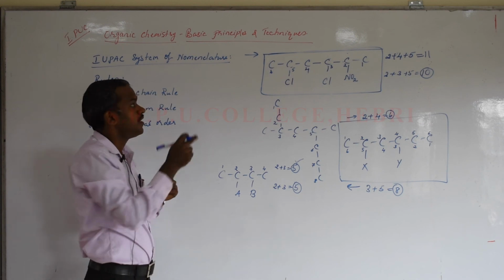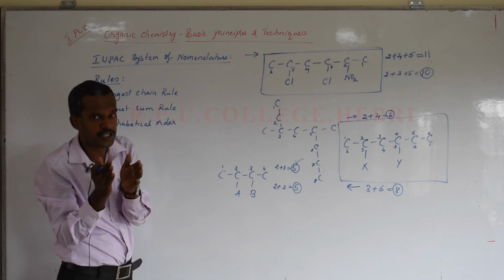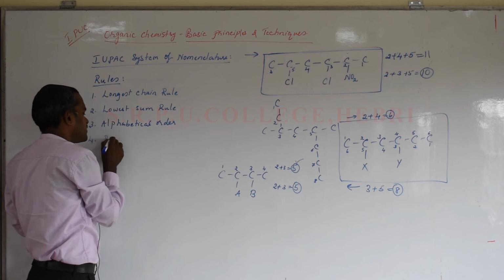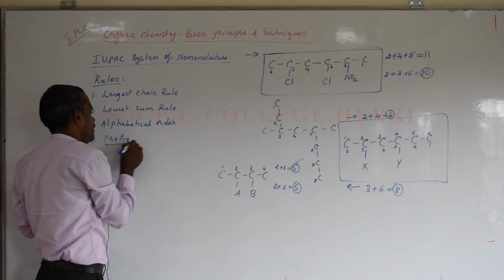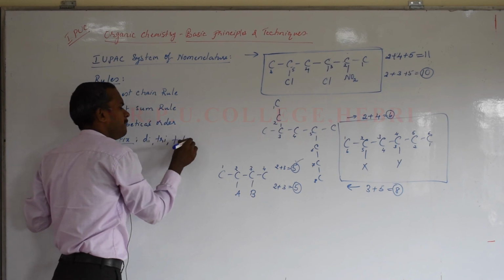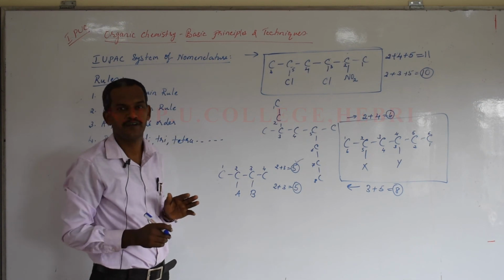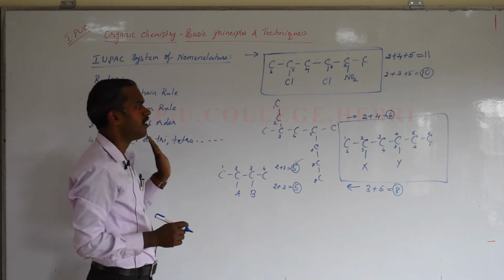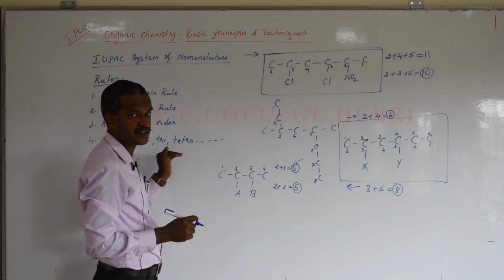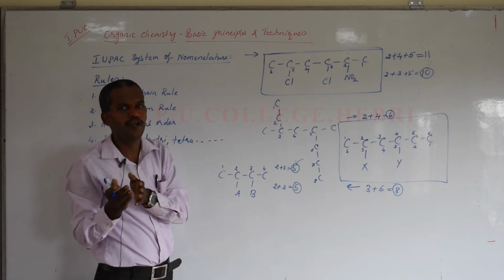So it has less priority, but you have to understand that if the same substituent repeats more than one time, then we follow prefixes like di, tri, tetra, penta, etc. So that is rule number 4. I hope you understood. It is easy. The next rule I'll discuss in the next class, that is, if there is more than one functional group, what happens? That is polyfunctional derivatives.